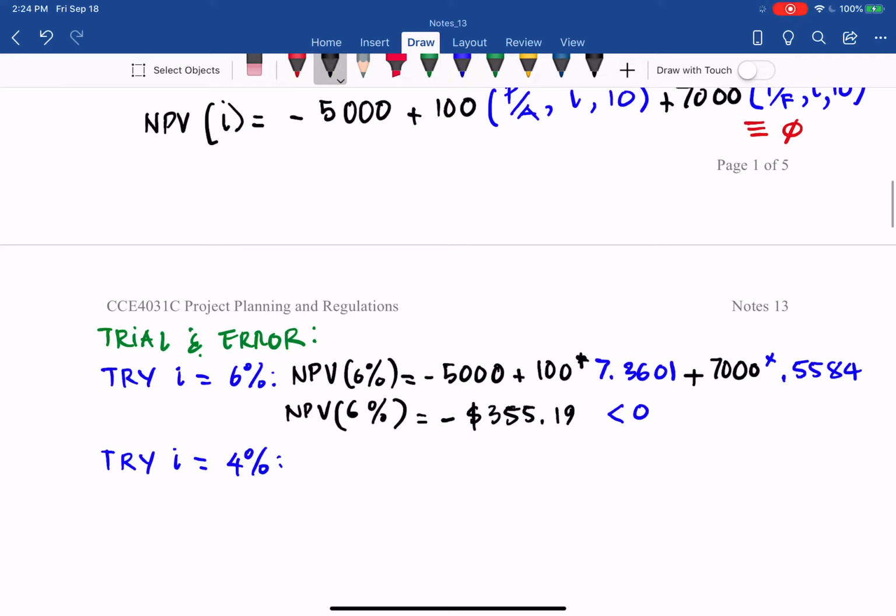So from that one, we have NPV at 4%. Similarly, 5,000 plus 100 times a factor, and of course 7,000 times a factor.